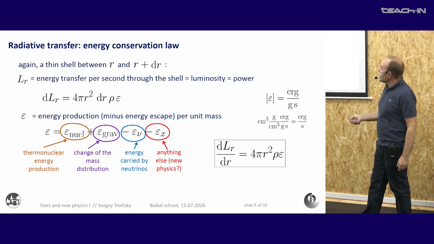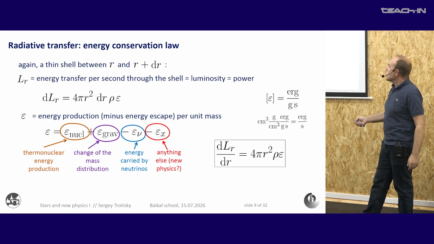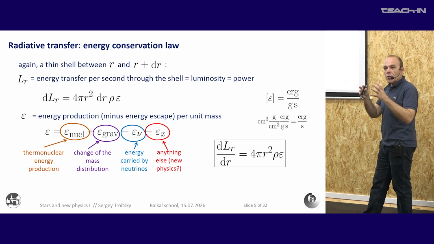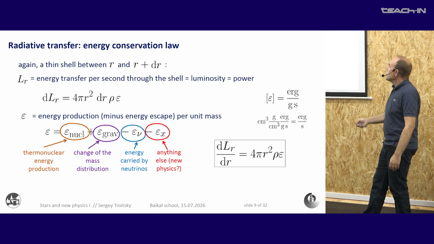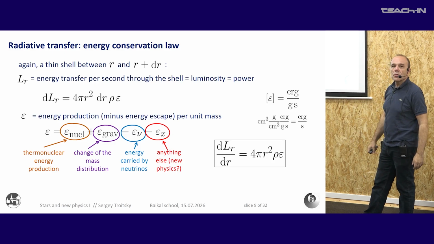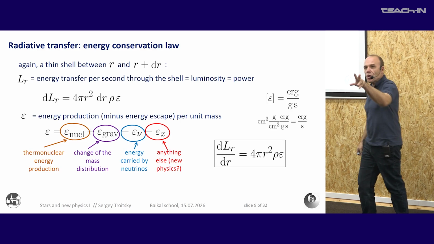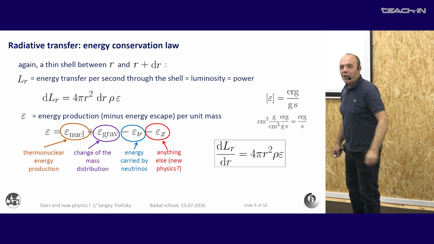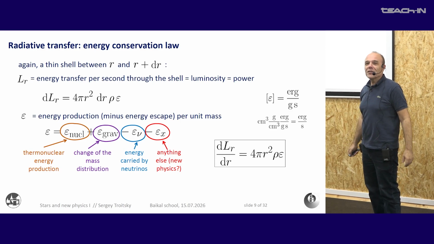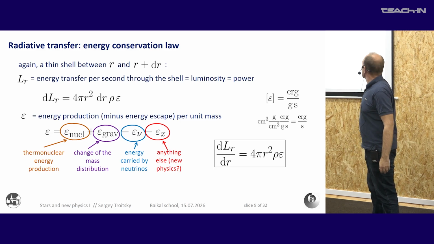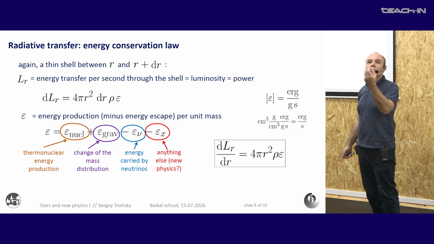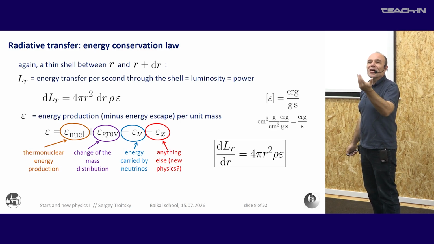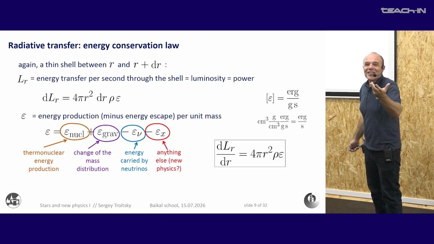Please note that here I do not include the energy flux by radiation, yes? Because... Sergey, can I ask a question? Very stupid one. Very stupid you can, yeah. Why is rho present in this equation? Why does it have to do with the density of the star? I told you that this is just a tradition.